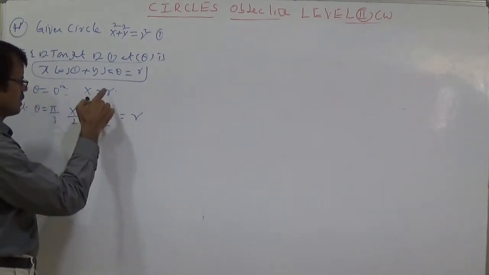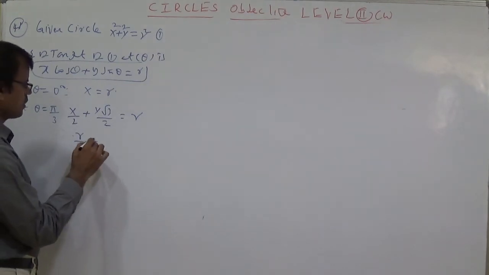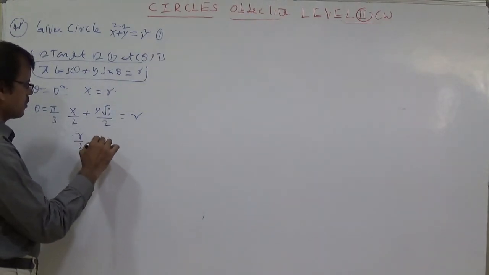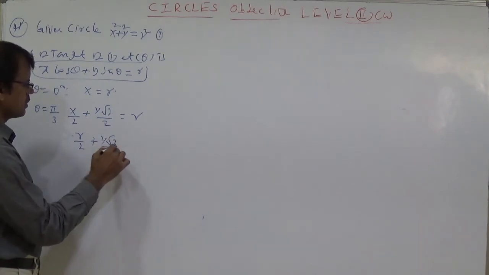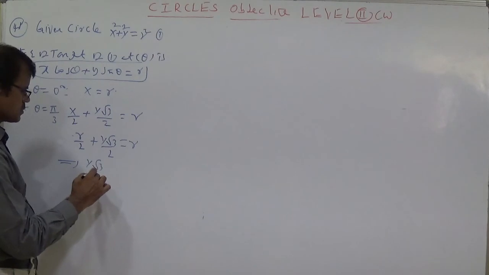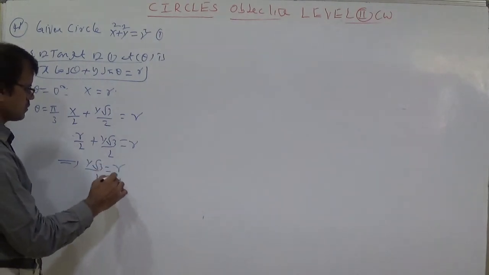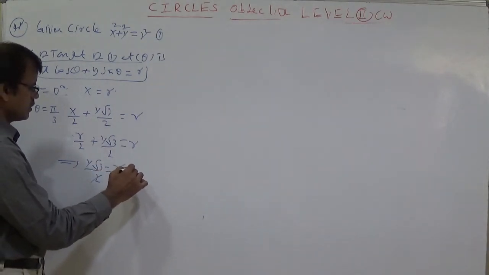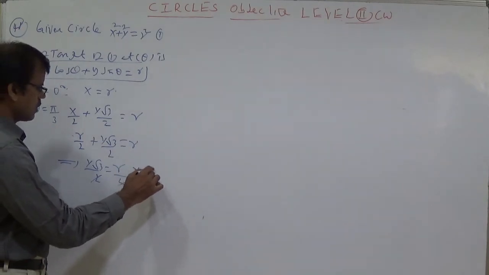We can do one thing, x we already got here. So r by 2 plus y root 3 by 2 is equal to r. That implies y root 3 by 2 is equal to r by 2, and therefore y is equal to r by root 3.